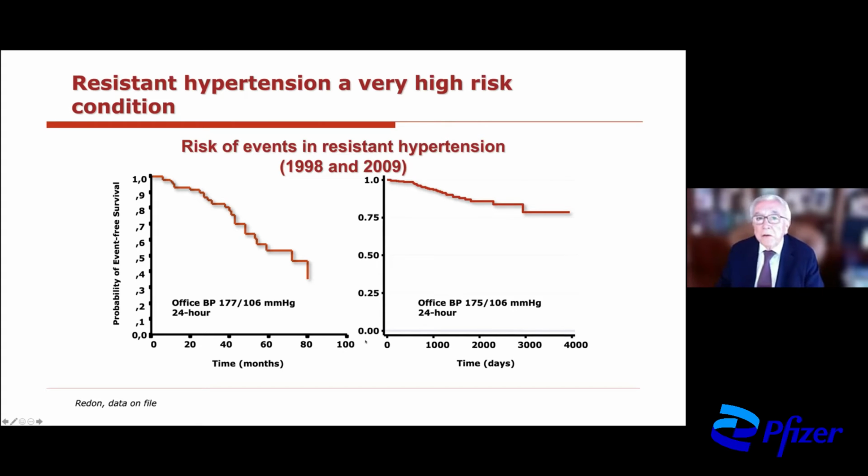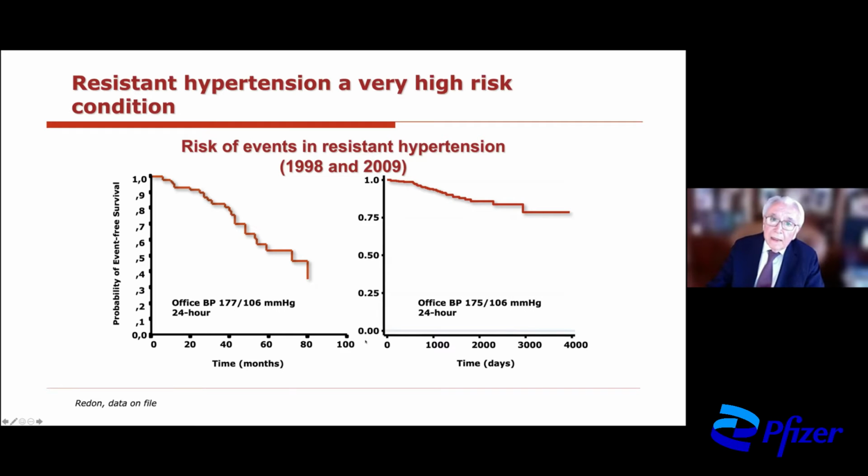For sure the treatments applied are much more established, and it seems that we learned something on how to treat this kind of patients. But what is clear is that there is still a very high risk for events.